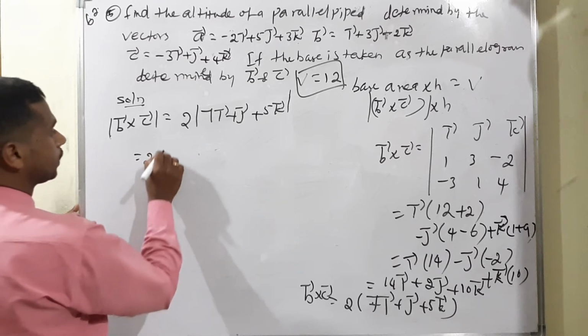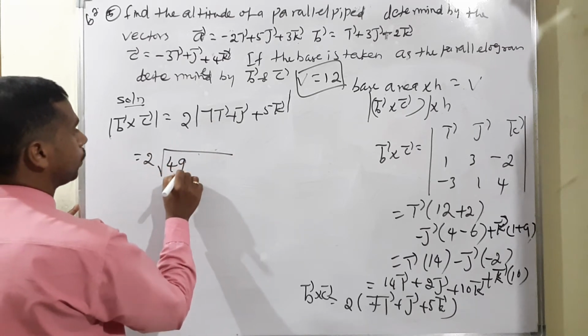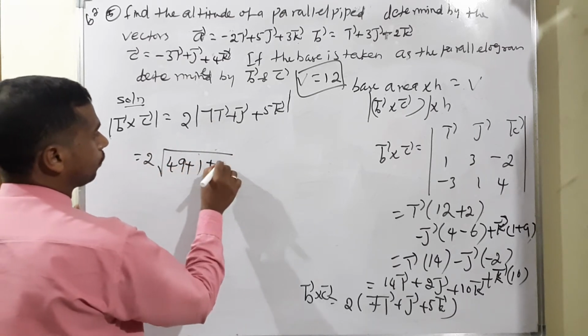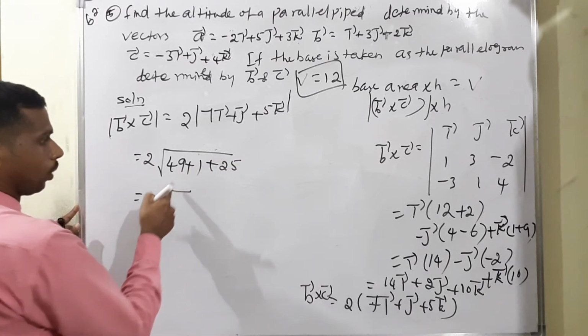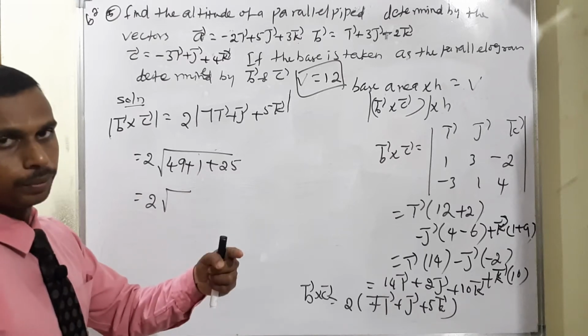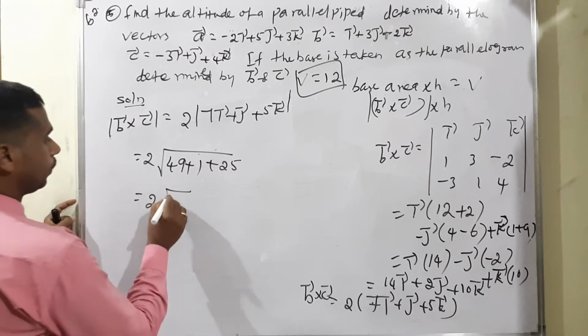Therefore, if you remove the modulus means square root of 7 square means 49, 1 square means 1, 5 square means 25. 49 plus 1 is equal to 50. 50 plus 25 is equal to 75.